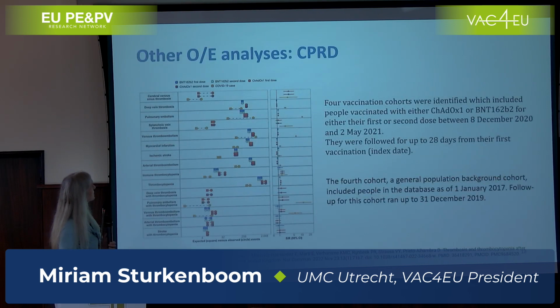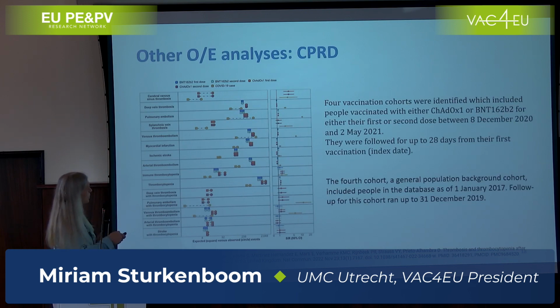There was also analysis done in CPRD, and here is the picture of that: blue is for Pfizer vaccine first dose, green second dose, orange, red is first dose for Vaxzevria, second dose Vaxzevria, and then the orange here is COVID cases. And you see here that there is an increased SIR, the standardized incidence ratio, for cerebral venous sinus thrombosis after the vaccine, also immune thrombocytopenia, and there were no other significant ones.